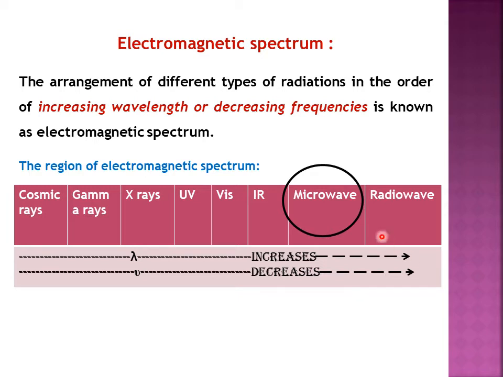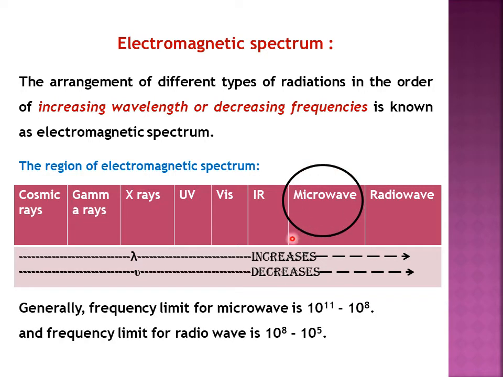But we are interested in the microwave region, because ESR spectroscopy is observed there. Generally, the frequency limit for microwave is 10 raised to 11 to 10 raised to 8, and for radio waves it is 10 raised to 8 to 10 raised to 5, which is NMR spectroscopy.